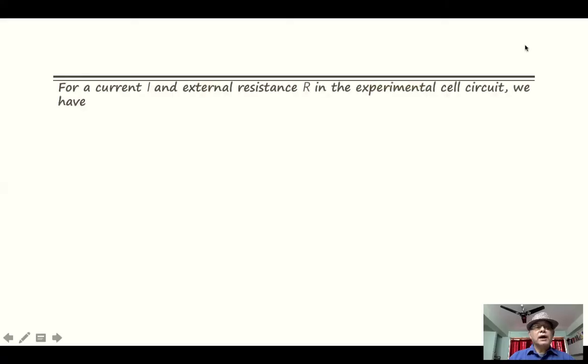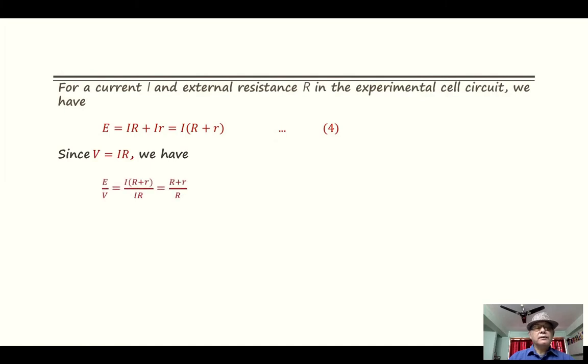For a current I and external resistance R in the experimental cell circuit, we have this equation 4. Since V equal to I into R, we have the ratio E by V as given by equation 5.